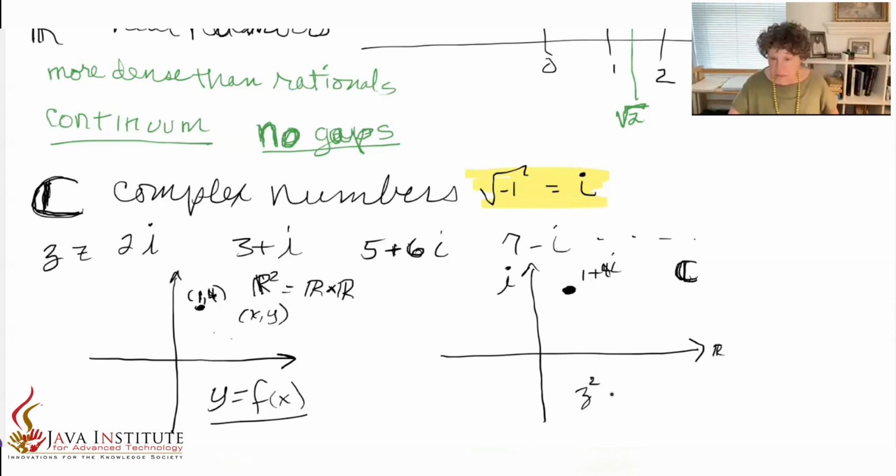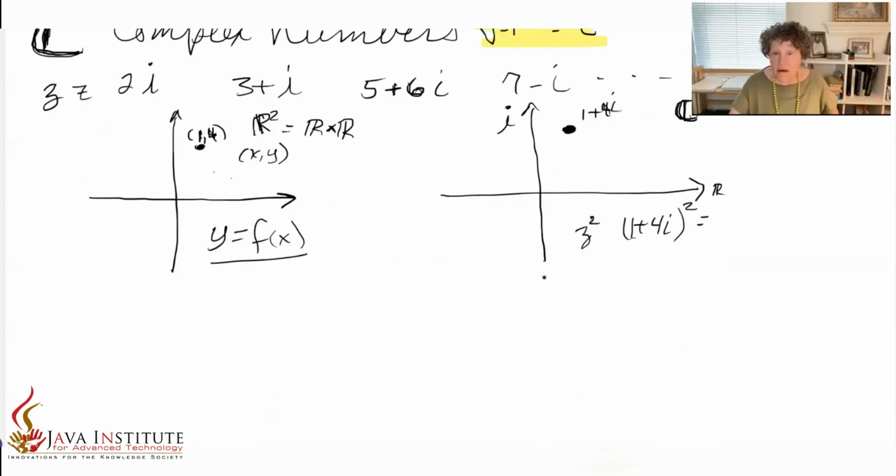And that would be like for this one, it would be 1 plus 4i squared. That's going to be, let's see. I'm going to do it out.